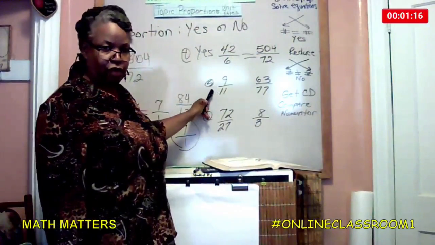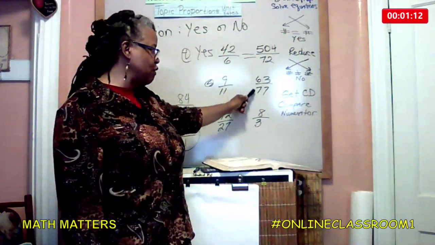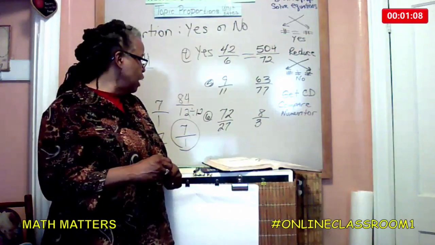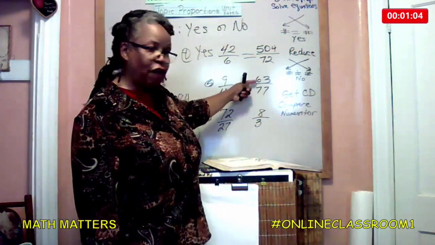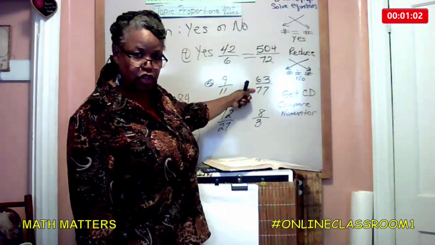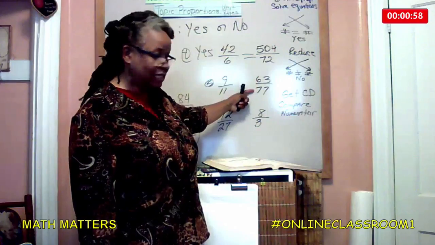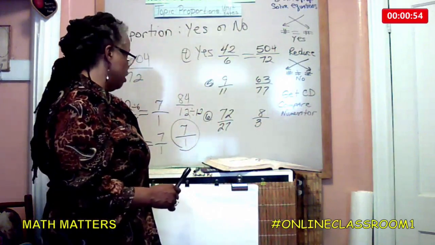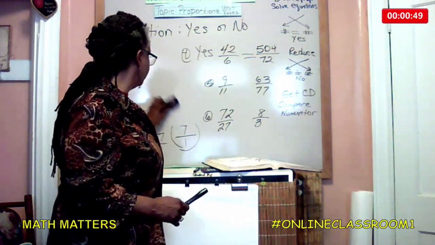9 over 11, how does that compare to 63 over 77? I think what I'll do first is reduce, because I see a common factor here. In 63 over 77, I see a 7 here and a 7 here.